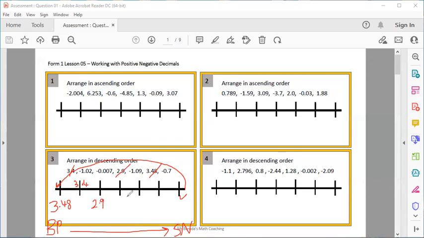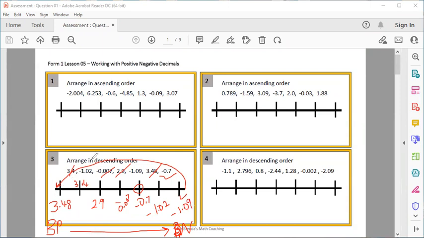And then we come to the negative, from the biggest positive to the biggest negative on the other side. So this will be negative 0.007. And then over here will be negative 0.7. That's right, Danya. And then finally, negative 1.02. And finally, negative 1.09.